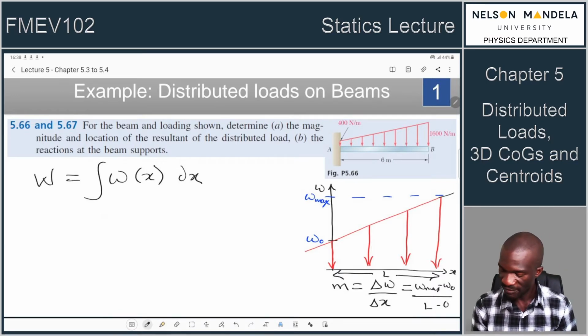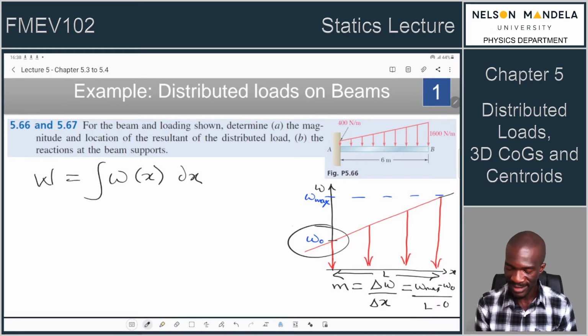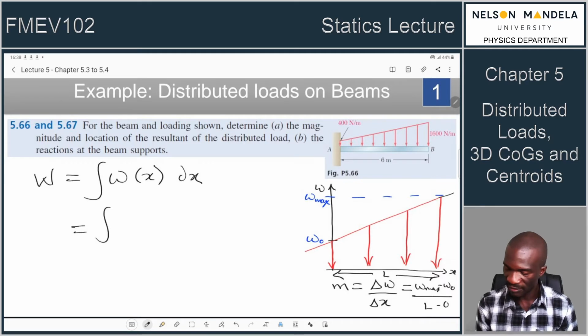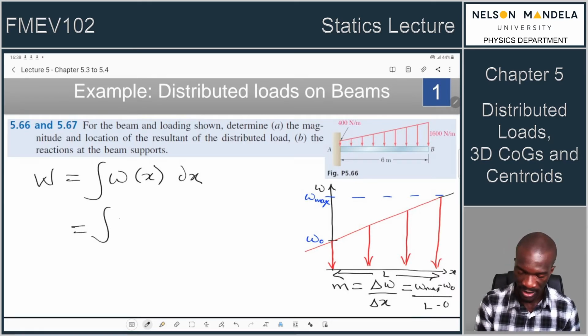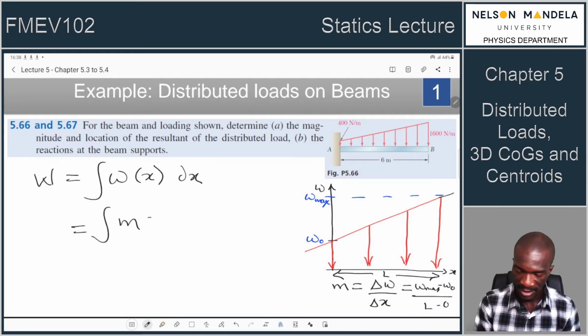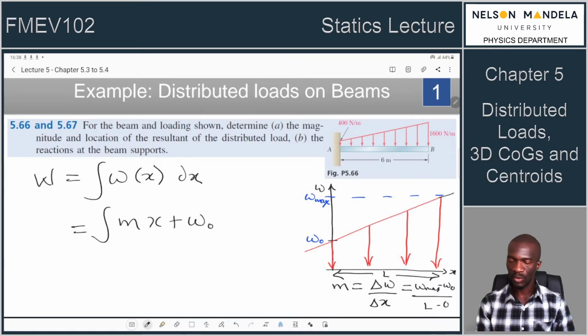So now that we have that slope, this means we can tell that this is not proportional, right? So that will be an integral of the function. The slope, we already know it, I'll just represent it with m. So that is mx plus c. Our c is omega naught, just because it's a straight line equation.